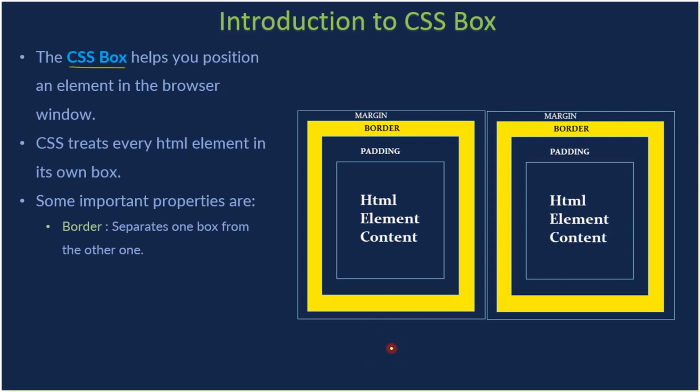So we can think of two paragraphs or two list items placed one on top of another. In both cases, when we place a border, it will separate each element's border. So border separates one box from another one, and when you place a border, we can easily segregate one element from another one.